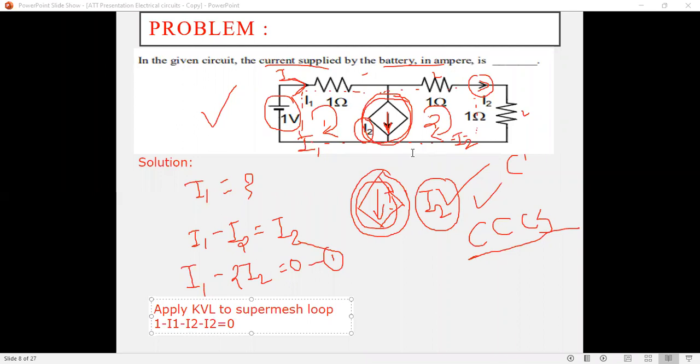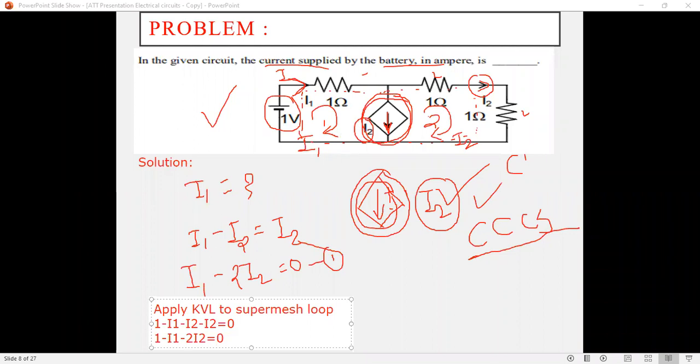Okay, so see, 1 minus I1 minus 2 I2 equals 0.